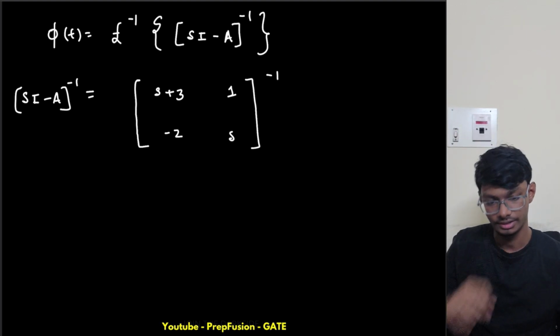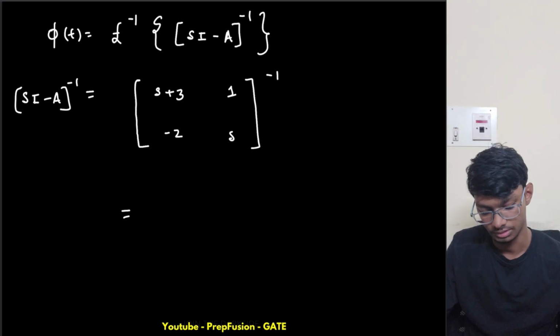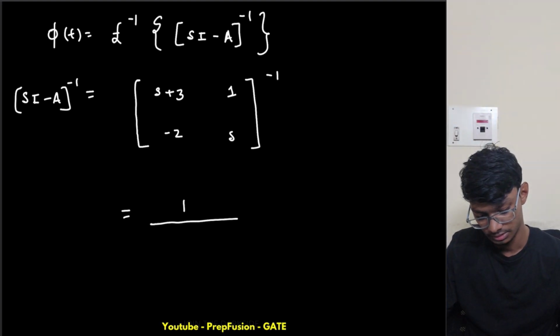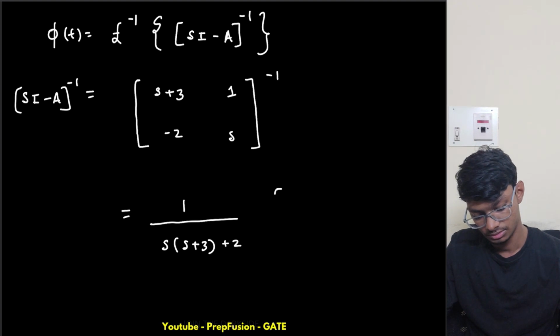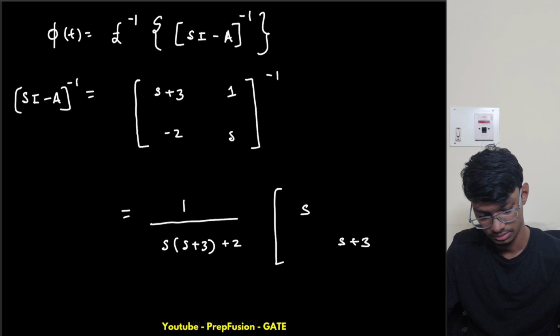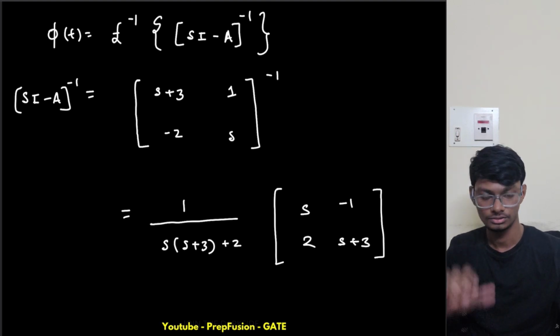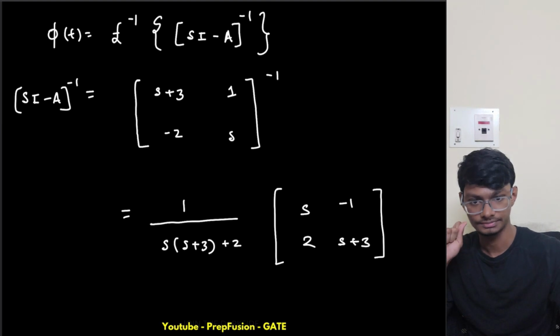If I take the inverse, I will get the determinant here, that is S into S plus 3 plus 2, and these are getting reversed: S into S plus 3, this is minus 1, this is 2. So this is basically my matrix.